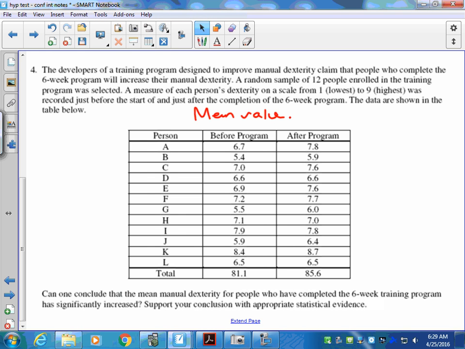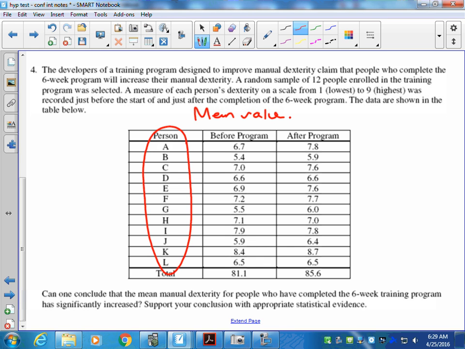Now, when you're dealing with mean value problems, one sample problems are pretty easy, but when you get to a two sample problem, what you really have to look at is how many groups are being experimented on. And in this situation, this is just one group with two values.